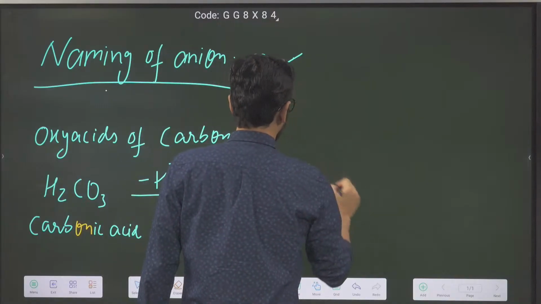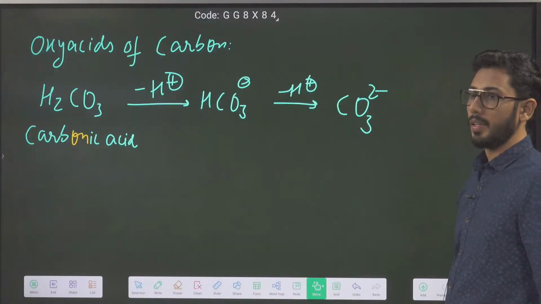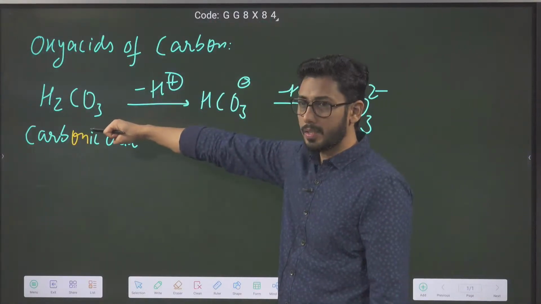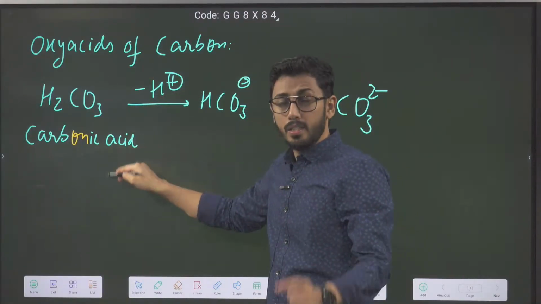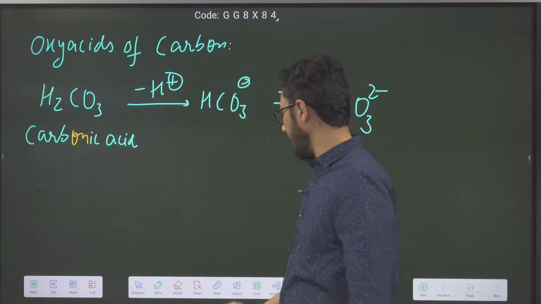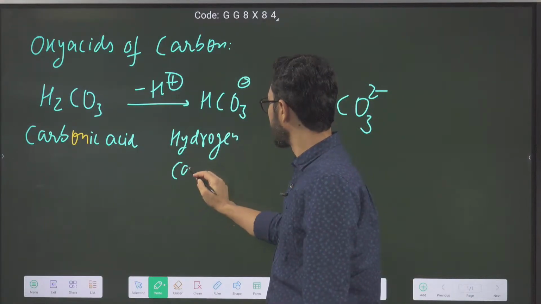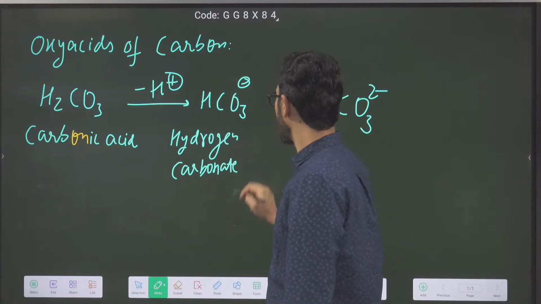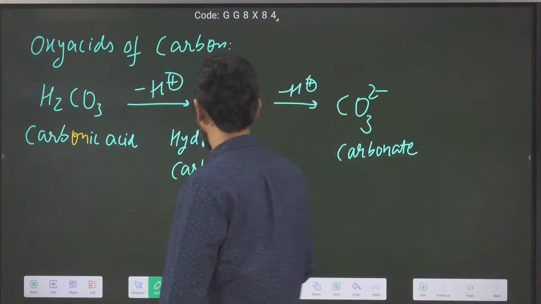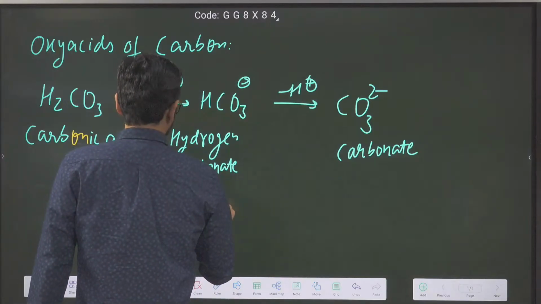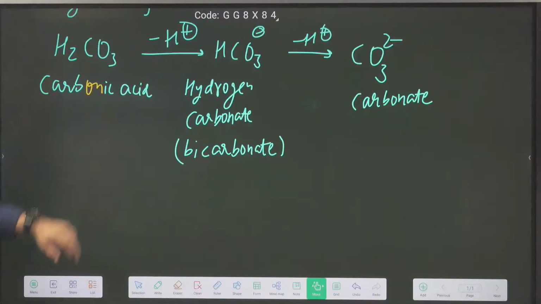Minus of H plus, finally CO3 2 minus. ठीक है, that we have discussed last class, carbonic acid. Now H2CO3, it is ic acid. Ic will be ate, anion will be ate. So here it is, which name written last lecture? Hydrogen carbonate. And this is carbonate ion. Or it is also termed as bicarbonate.